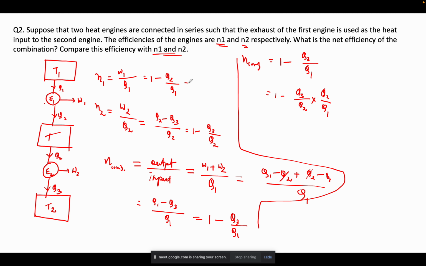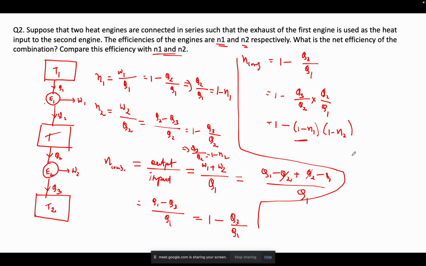Now Q2 by Q1 is basically 1 minus eta 1. Similarly Q3 by Q2 is 1 minus eta 2. So eta combined is 1 minus the product of 1 minus eta 1 and 1 minus eta 2. Okay, clear?